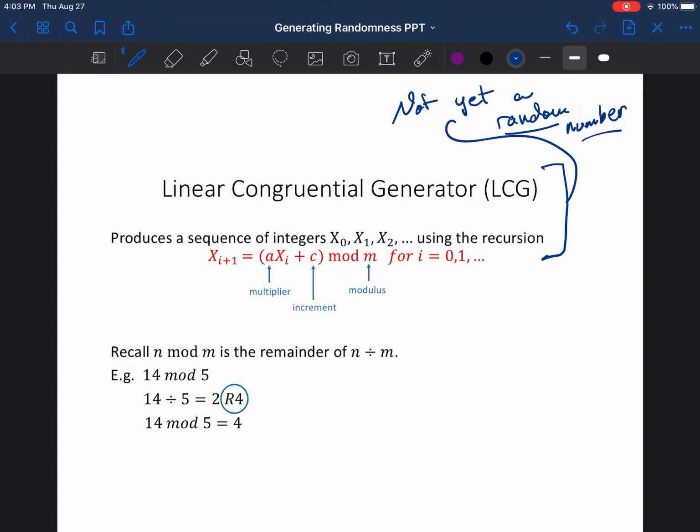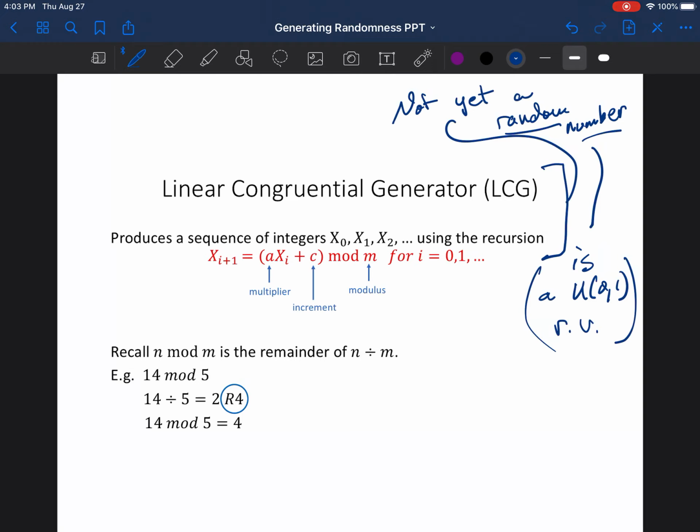Remember, a random number within our definition is a uniform 0, 1 variable. So it's not quite that yet, but we'll show how to easily convert it into that. However, this is the first step.